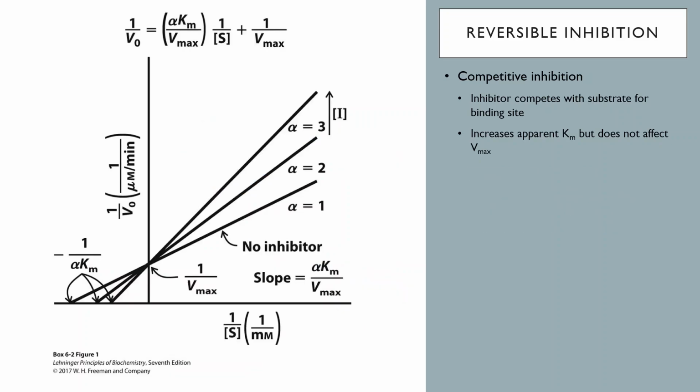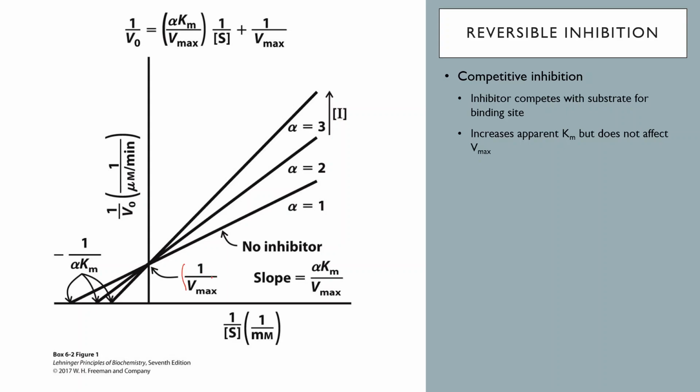So if we go up here, this is our Michaelis-Menten equation, the double reciprocal version of it. And with the competitive inhibitor, its alpha shows up here in the slope of our line, but it doesn't affect the y-intercept. So you should see a line with increasing slope with increasing inhibitor concentration, but the y-intercept stays the same.